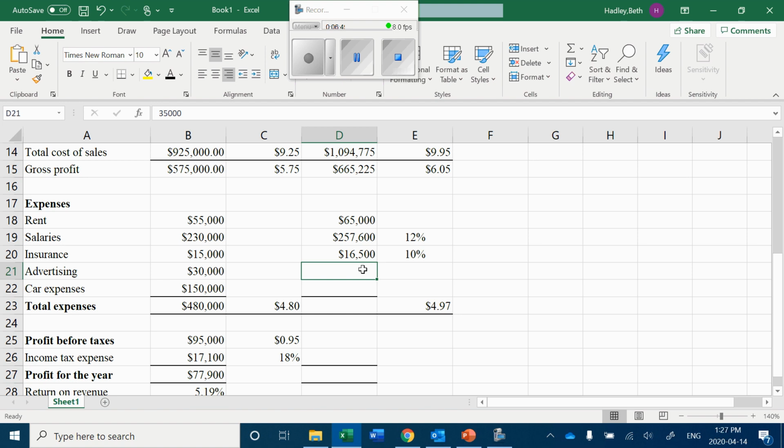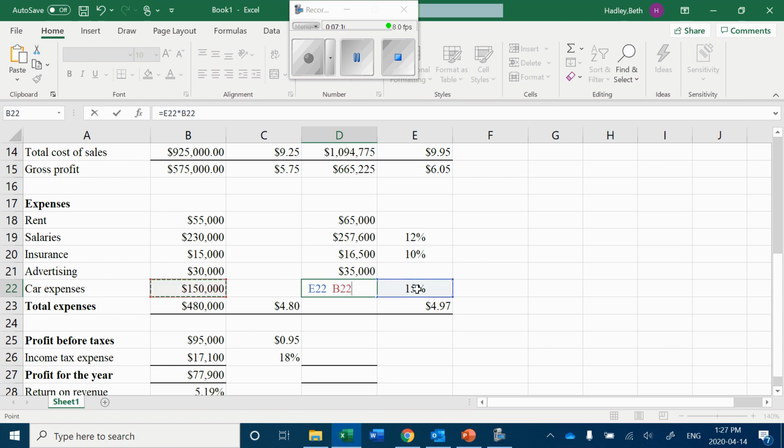Your advertising cost is just going up by 35,000, so we're going to type that in. And your car expenses are going up by 15%, and it's equals 15% times 150,000 plus your original 150,000, which gives you 172,500.